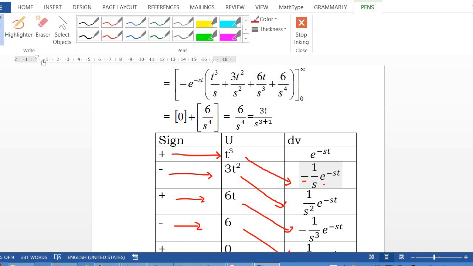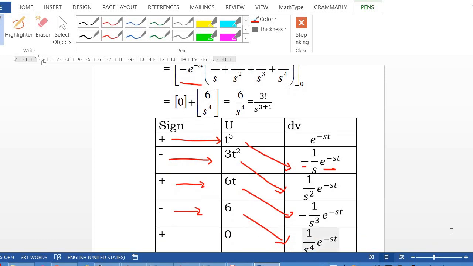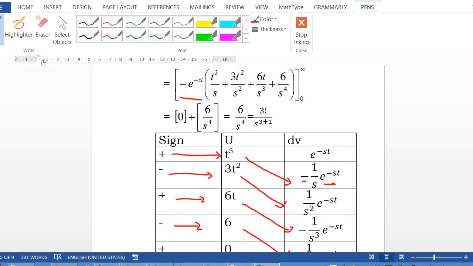And I factor out negative exponent negative st here. So for the first result, you have t cubed over s. Second result, 3t squared over s squared. The third one, 6t over s cubed. The fourth one, 6 over s power 4.